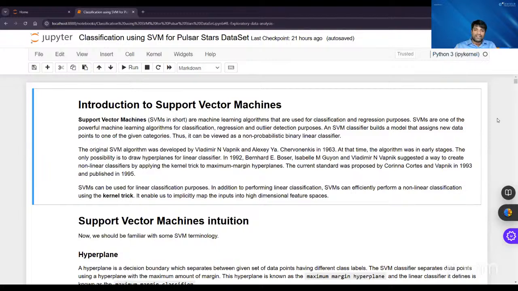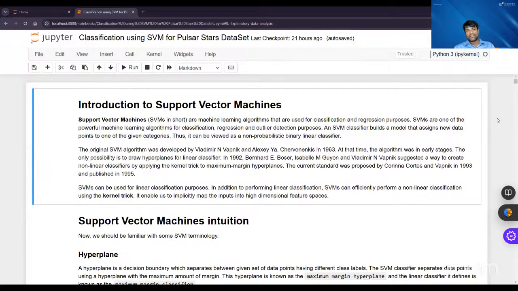So let us dive deep into what happens in SVM, how to understand support vector machines. Let us first understand how it started. It is a very, very old algorithm.